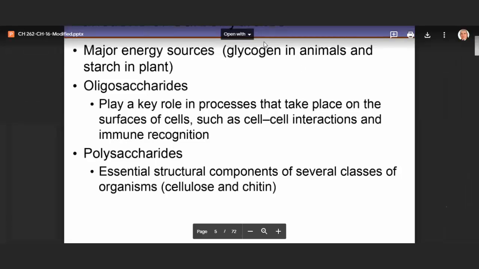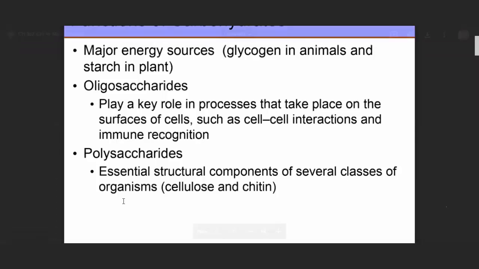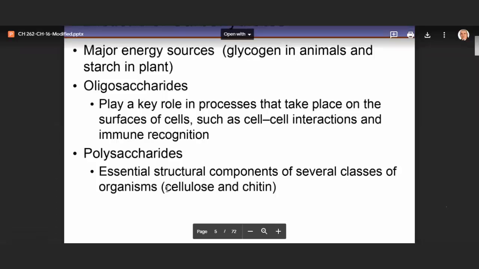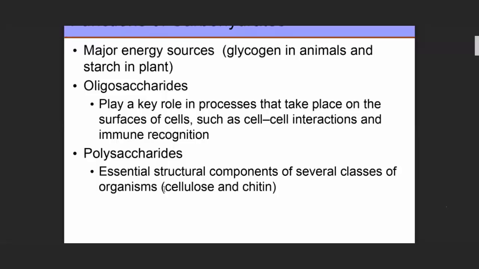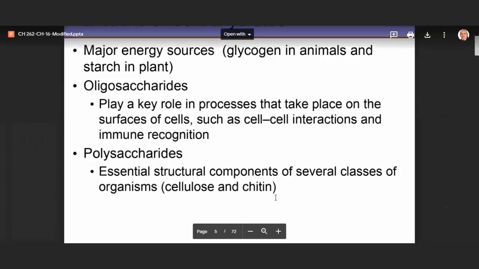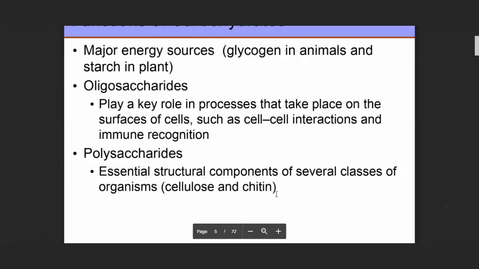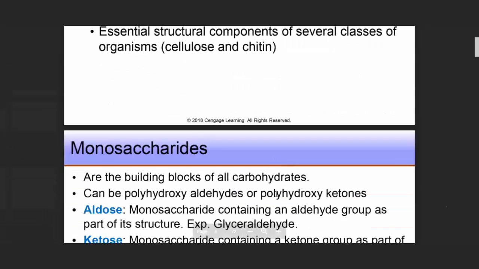Whereas polysaccharides are essential structural components of several classes of organisms. For example, cellulose, which is a structural component of grass and trees, and chitin, the major component of bacterial cell wall, as we will see.